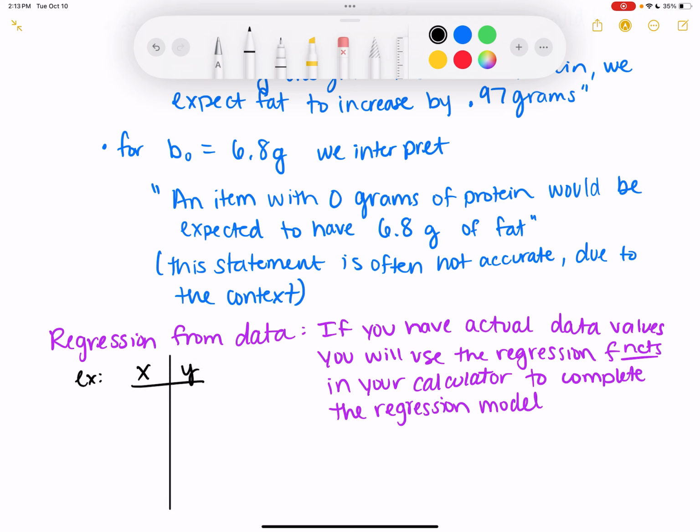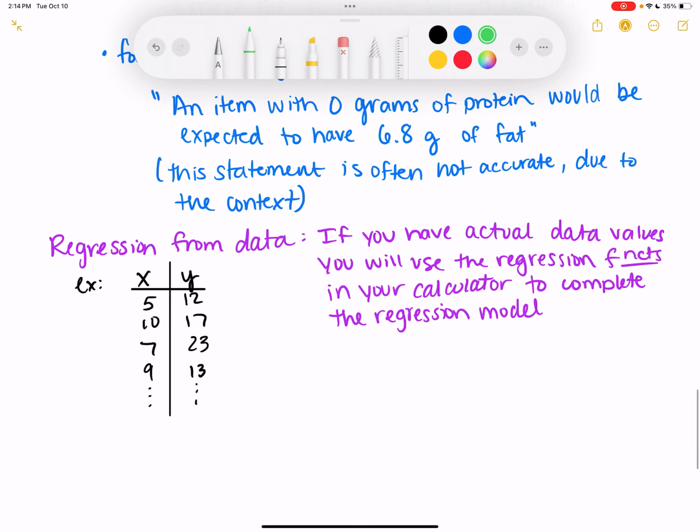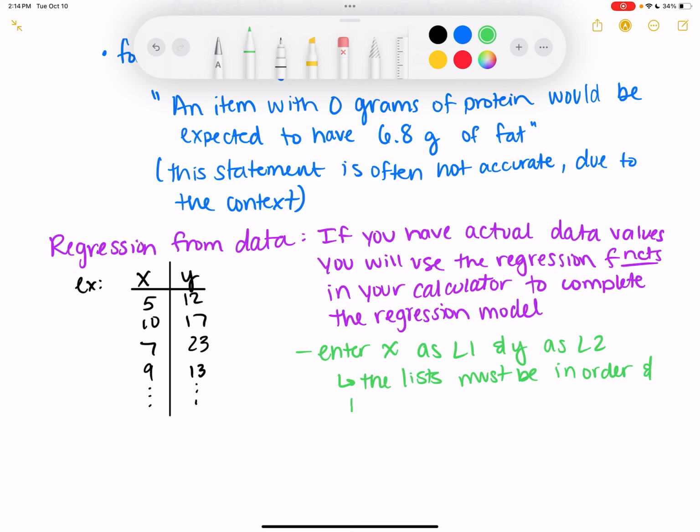X, Y: 5, 10, 7, 9, 12, 17, 23, 13. So, enter X as L1 and Y as L2. The lists must be in order and the same length.